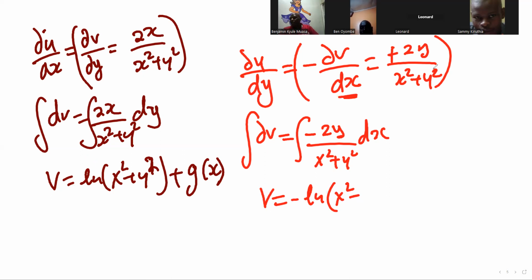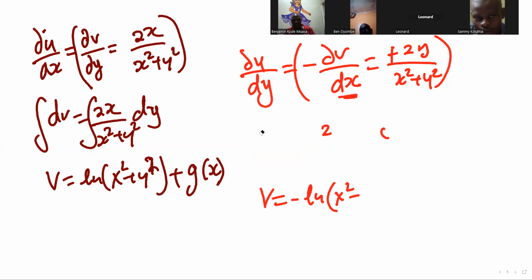Oh, let me check this one for harmonic, whether it is okay. du over dy is equal to minus dv over dx. Let me check. Oh yeah, now this one is the one. Then yesterday there was a mistake that we made here.